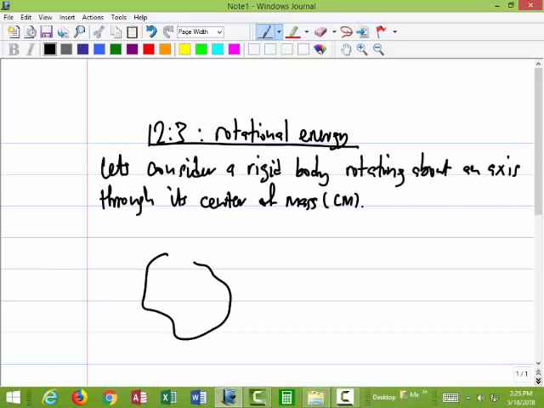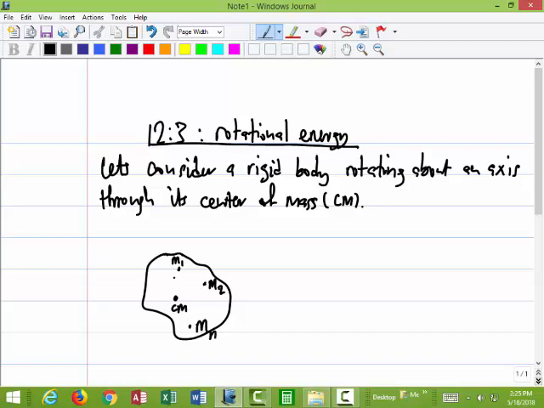So we take an arbitrary shaped rigid body, and let's say this is the location of the center of mass of the rigid body. Let's consider various particles within this rigid body. This is particle M1, let's say this is M2, and this is, say, Mn.